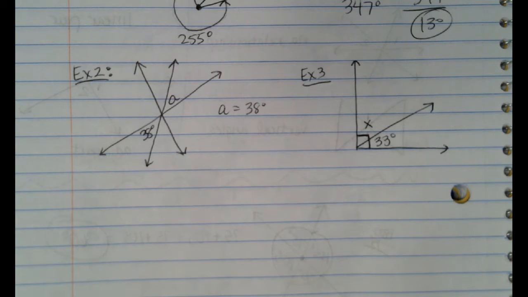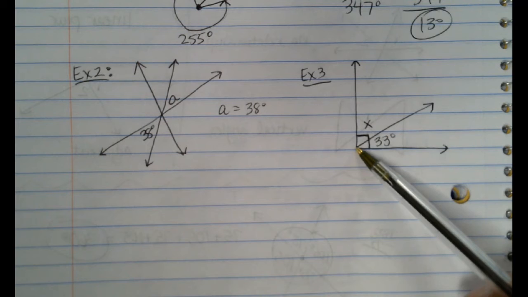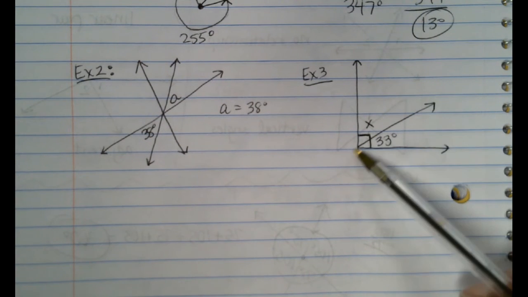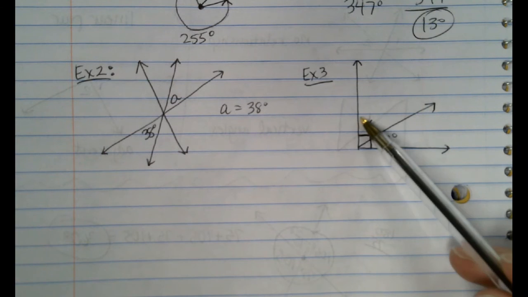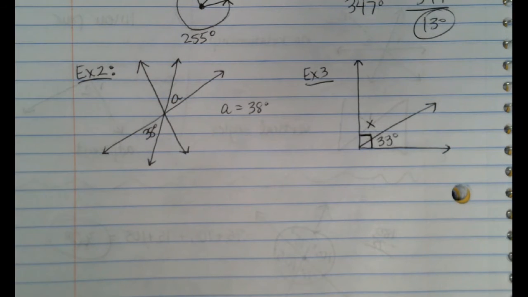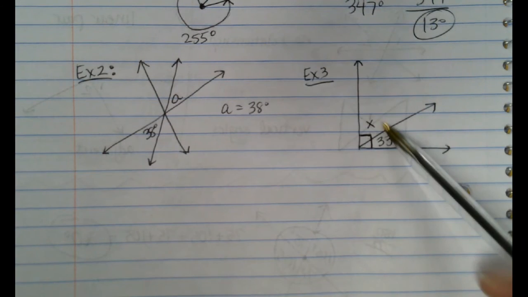I want to find x here. And like we said, we started off with a right angle, and then I took that right angle and just drew another ray inside of it. I cut it into two parts. This part is 33 degrees. I want to know this part. How am I going to find this part right here?